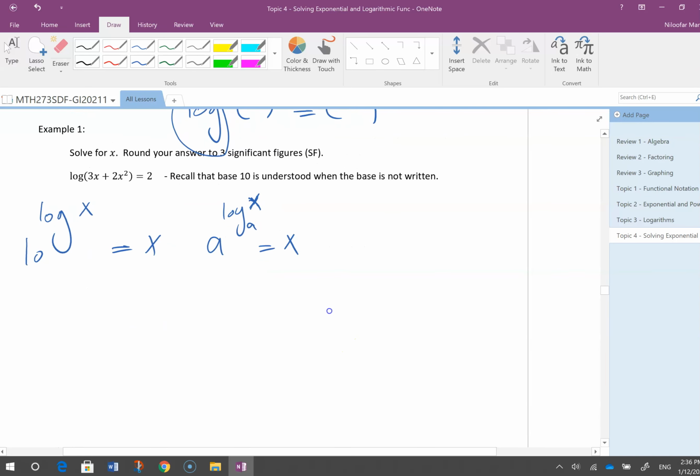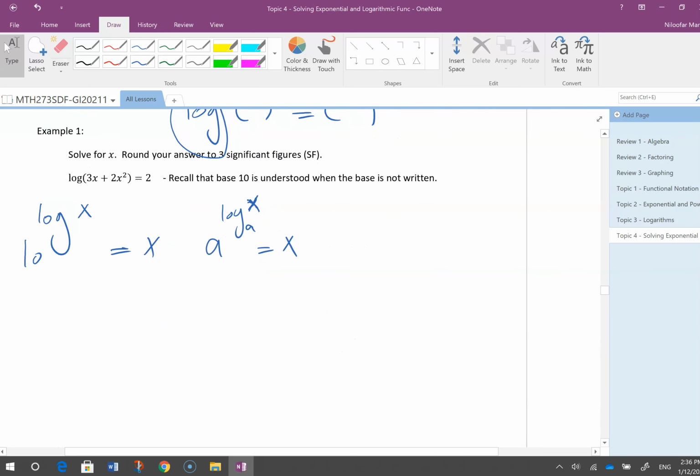Now when I have one logarithm on one side, all simplified to one single log, I can go by definition, or I can use 10 power on both sides.